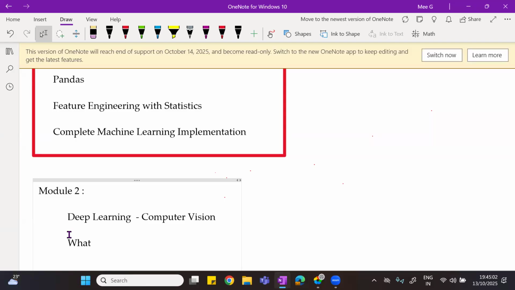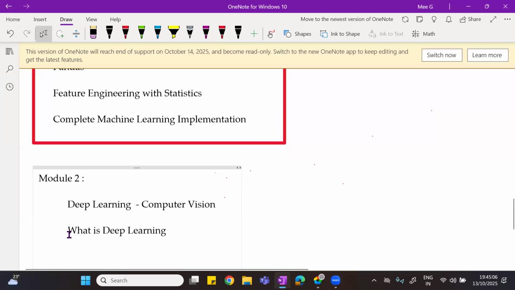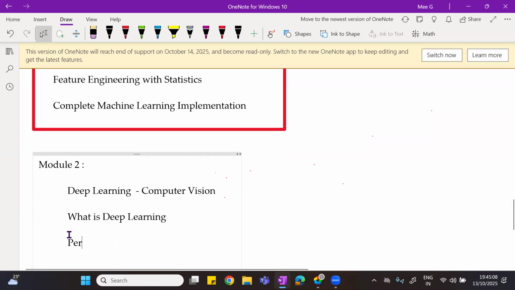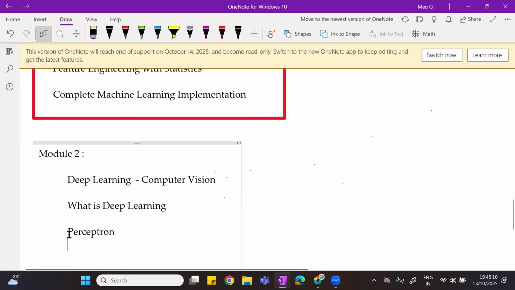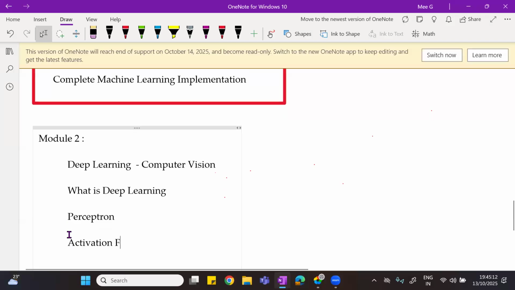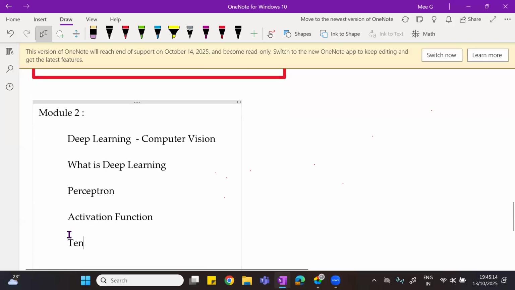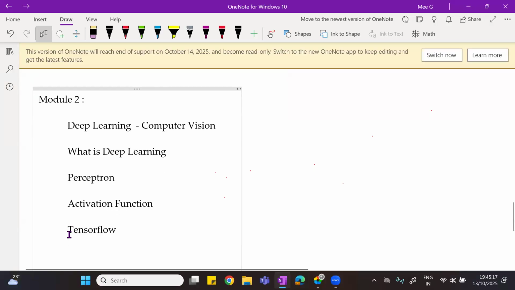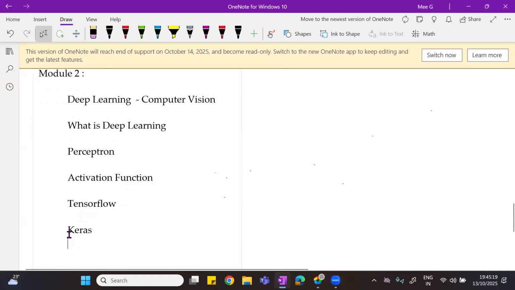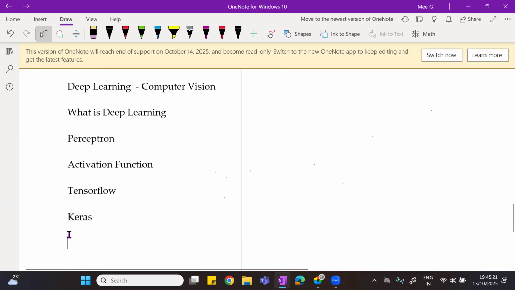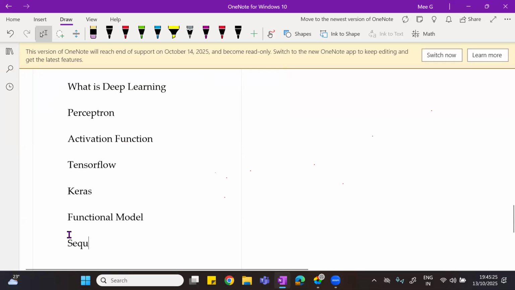First we are going to start with what is deep learning, the basics, and what is a perceptron, what is an activation function, what is TensorFlow. TensorFlow is a library. There is Keras, there is the functional model, the sequential model.